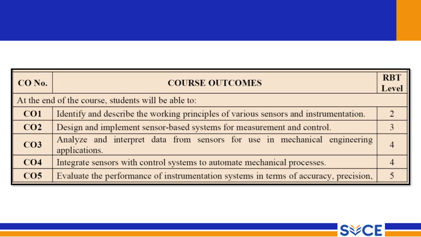Analyze and interpret data from sensors for use in mechanical engineering applications, integrate sensors with control systems to automate mechanical processes, evaluate the performance of instrumentation systems in terms of the different desirable characteristics like accuracy, precision, reliability. All those are desirable characteristics that we are going to study under static characteristics of sensors.